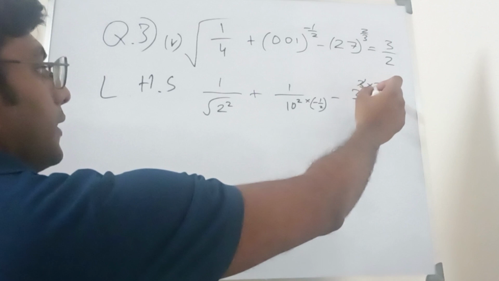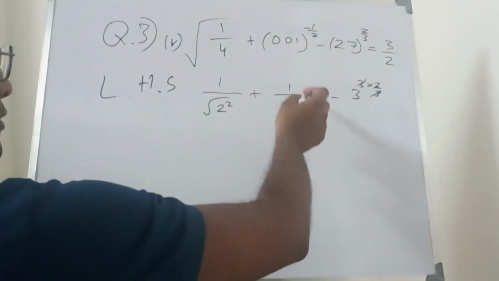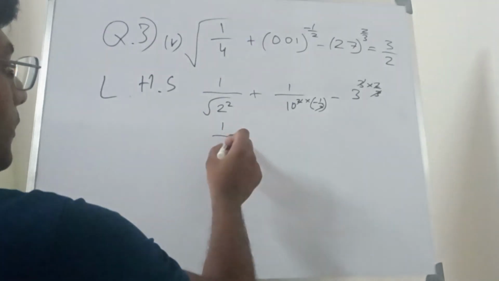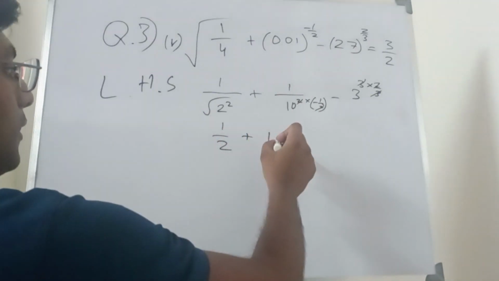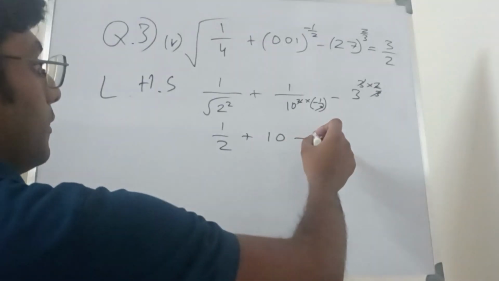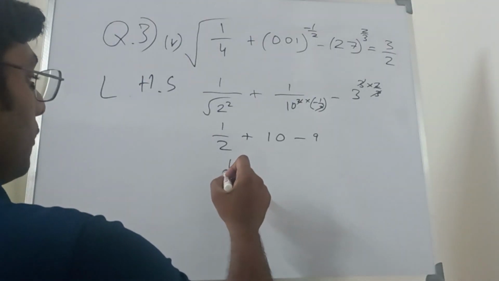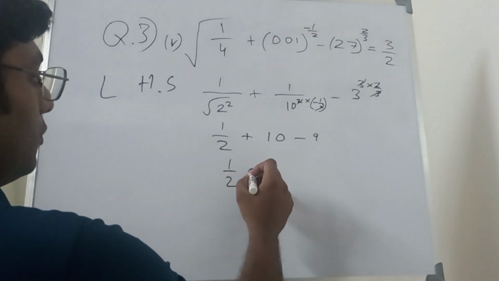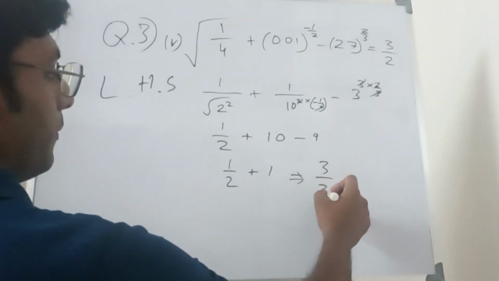So this 3 and 3 gets cancelled, this 2 and 2 gets cancelled, so this is 10 to the power minus 1. So 1 by 2 plus, if I write it over there in the numerator, it will be 10 minus 3 square, that is 9. So this is nothing but 1 by 2 plus 1, that is 3 by 2.